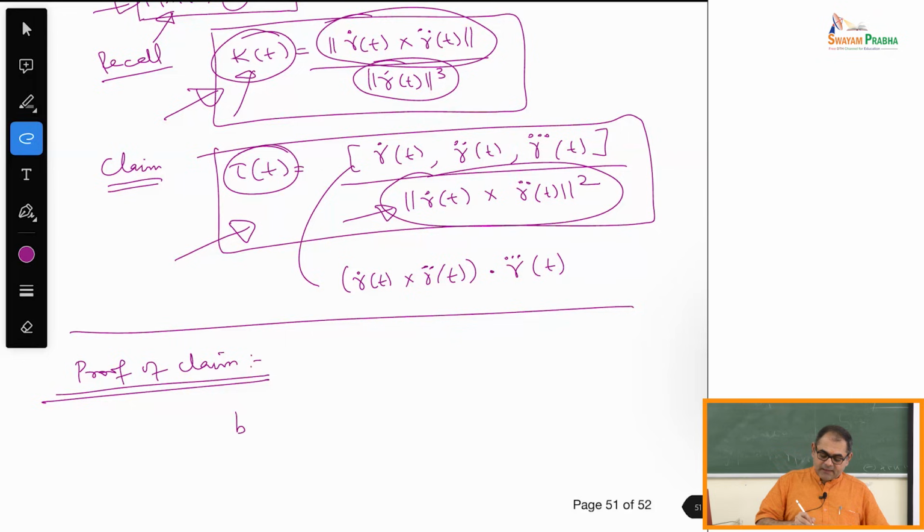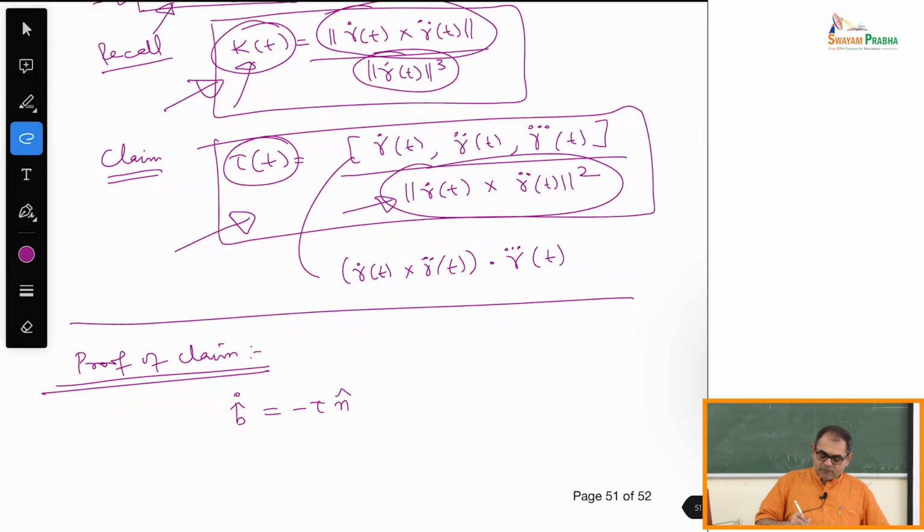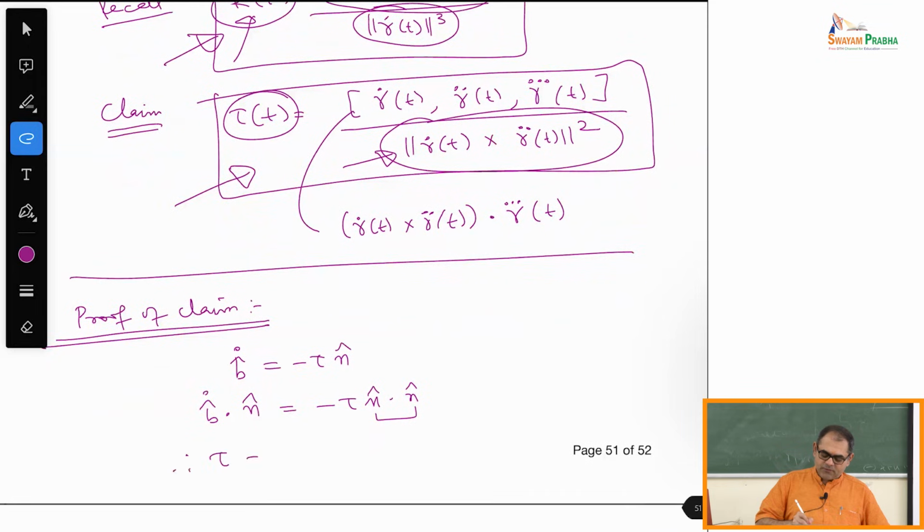So b cap dot is equal to minus tau n cap, by the definition of torsion. So if you want this tau, you dot both sides with n cap, you will get b cap dot n cap is equal to minus tau n cap dot n cap, and this is of course 1. So you will get tau is equal to minus b cap dot n cap. Okay, so this is what you have to compute.